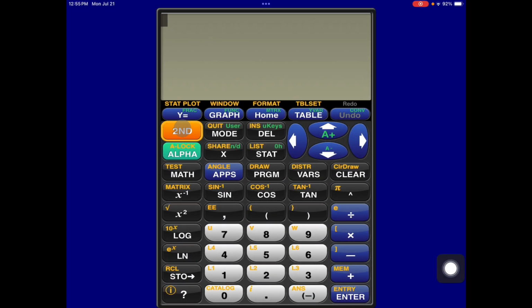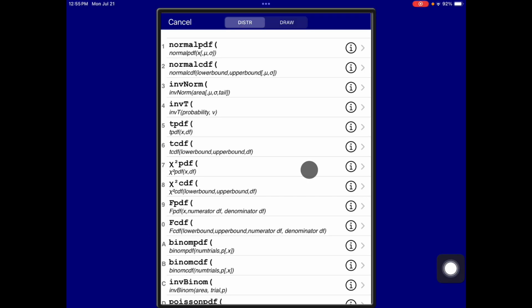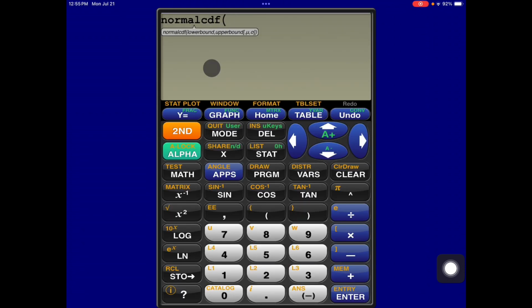On the graphing calculator, we're going to go to second vars, and we're going to go to normal CDF. Our lower bound again is negative 1e99, comma. Our upper bound is 12.19, comma.